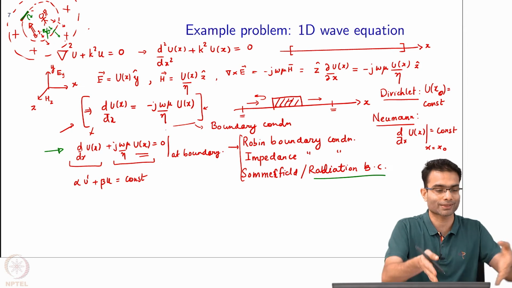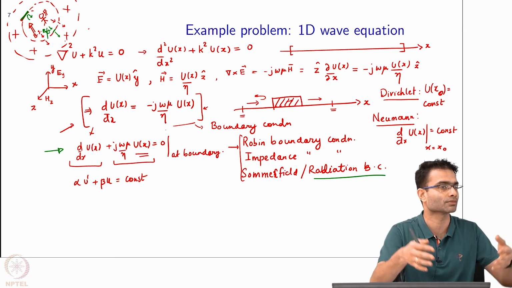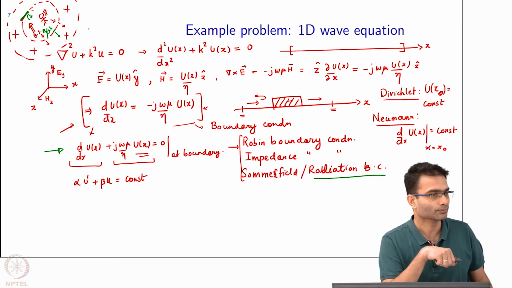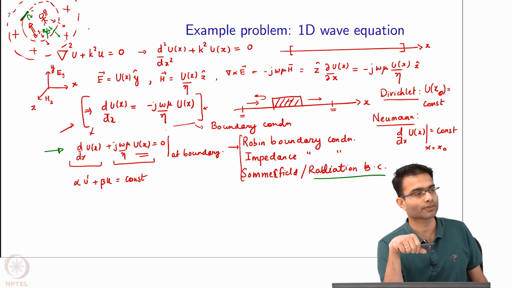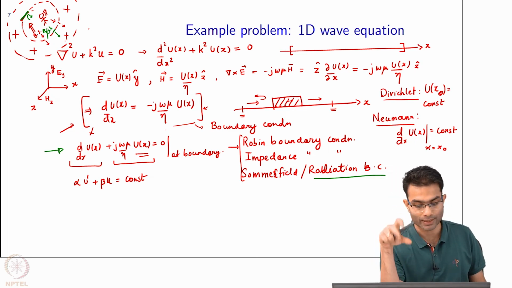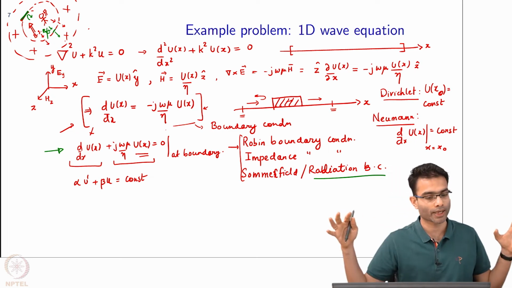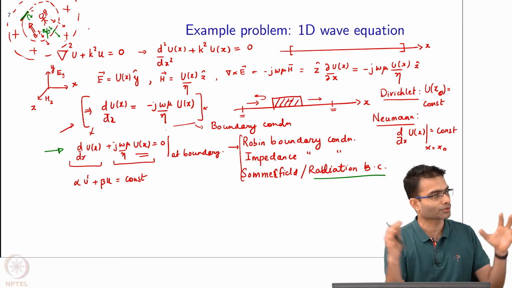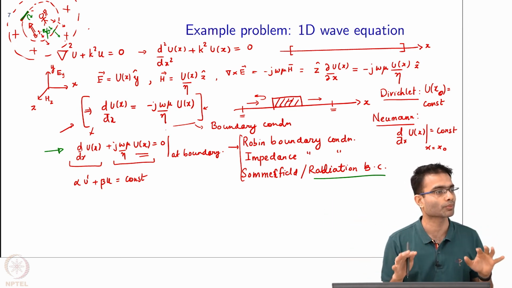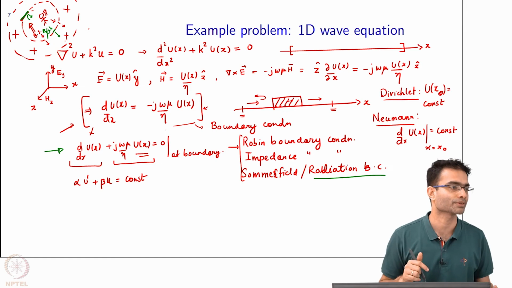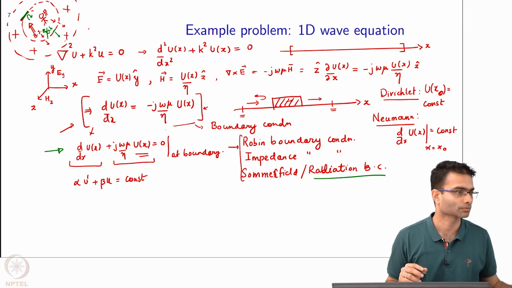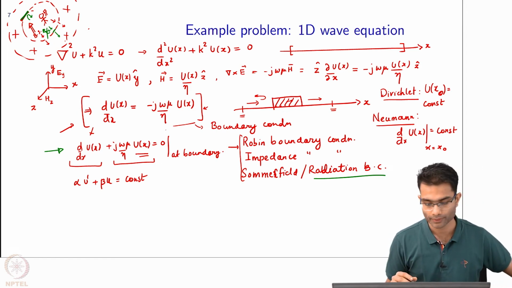There is no exciting physics happening in this region. Why bother? So, in fact, one of the considerations in designing boundary conditions is, how can I get my mathematical boundary as close as possible to the object to minimize computation time yet retaining accuracy. So, that is a very common requirement, okay.